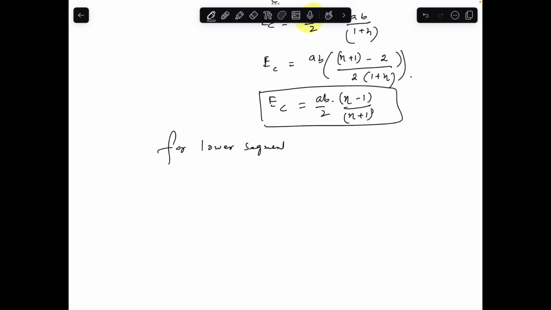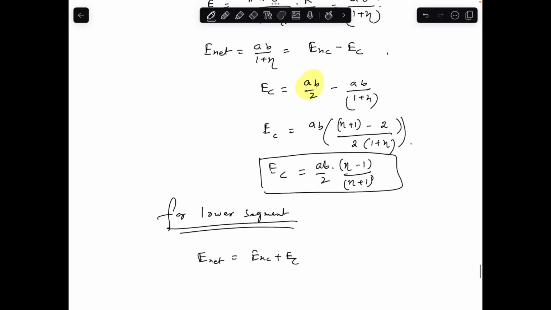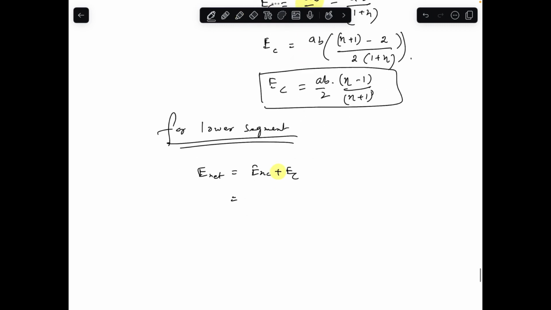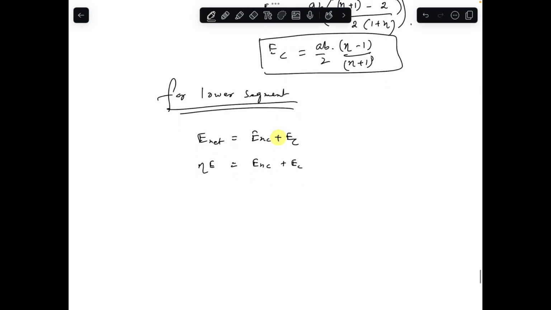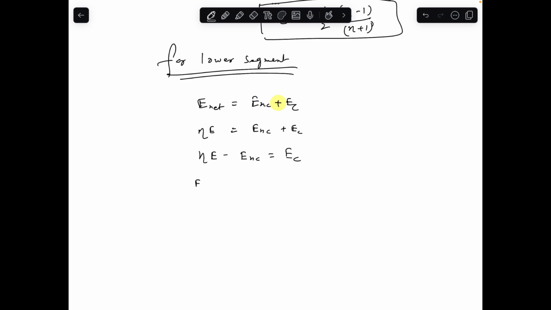For the lower segment, what will I write? E net equals what? ENC plus EC. For upper it is minus, for lower it will be plus. So E net is eta times E, that is equal to ENC plus EC. So eta times E minus ENC equals EC. What is this EC?